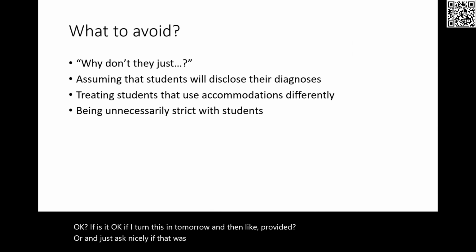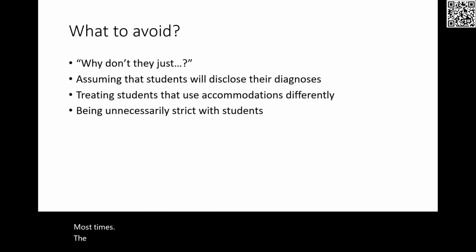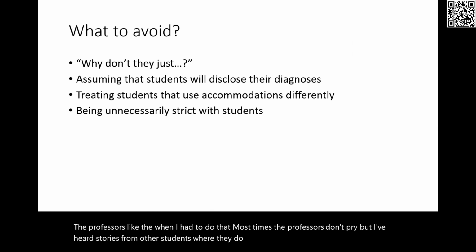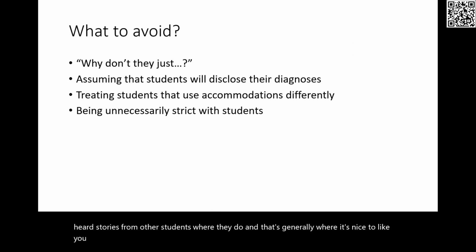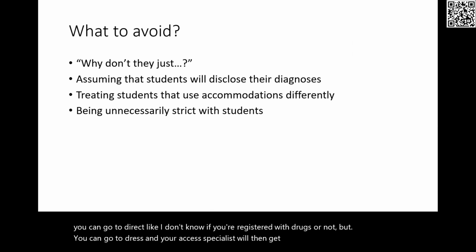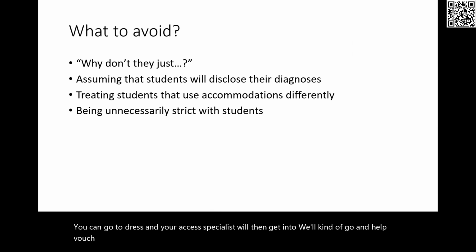And most times the professors, when I had to do that, don't pry, but I've heard stories from other students where they do. And that's generally where it's nice to go to DRES, if you're registered, and your access specialist will go and help vouch for you, and is like a third party.